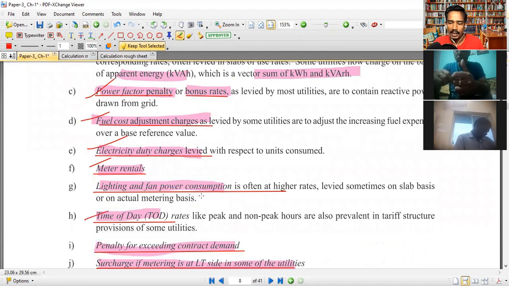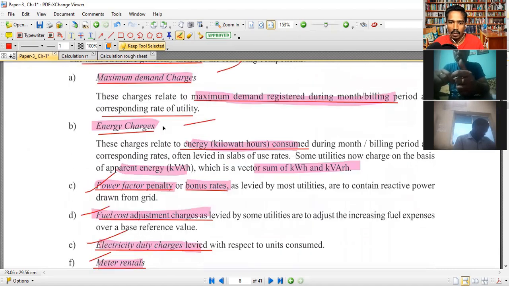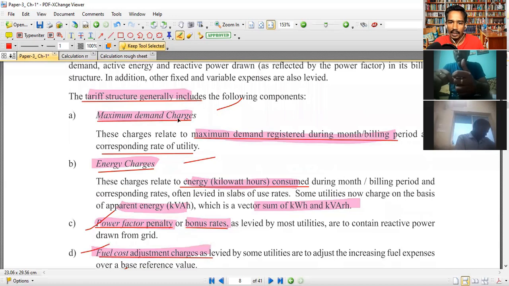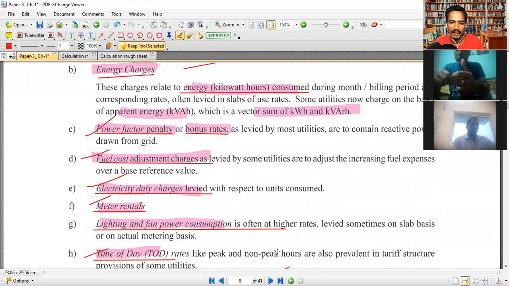Time of the day means you change the load from peak hour to non-peak hour, and the penalty for exceeding contract demand, such as meter LT side. This is 5 marks. You only have to write the headlines. If asked what tariff system they are using, you have to write maximum demand, energy charges, power factor penalty, fuel cost system like this. No need to explain it.